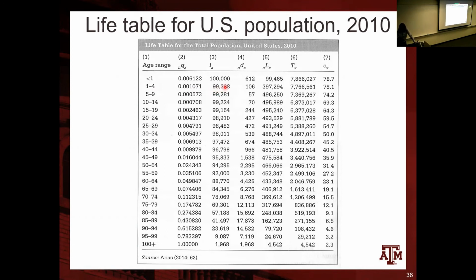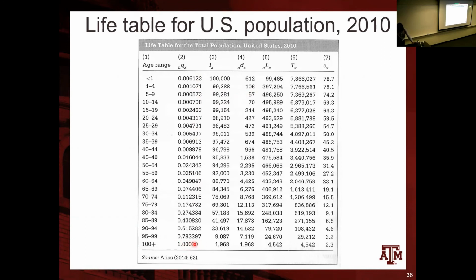But some of them will die before. How many of them will die between the ages of 1 to 4? 106. So how many will reach at least 5 years of age? This number minus this number, 99,281. And I keep doing the same thing. Multiply this, get this number, this one minus this, get the next one, until the last age group in which everybody dies.